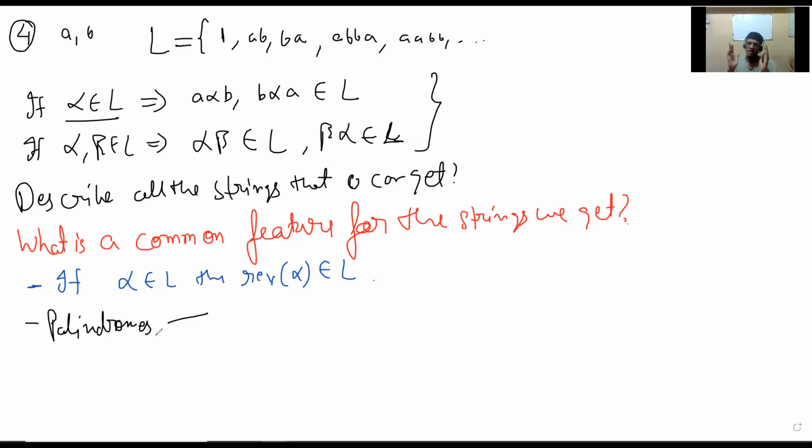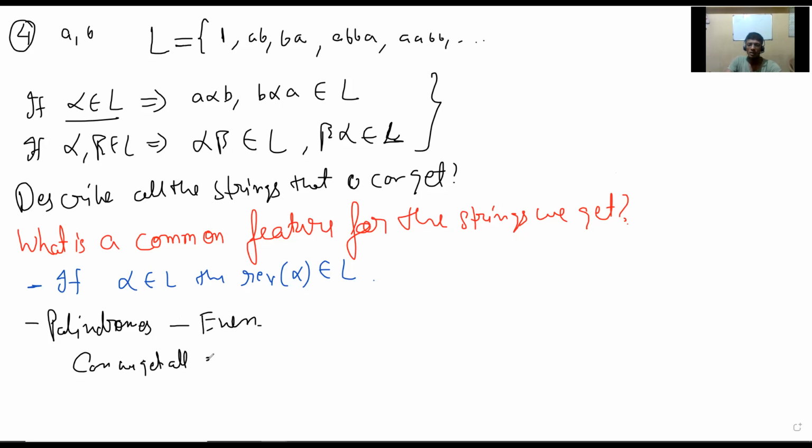Like 2002 is a palindrome. 2022 is not a palindrome. So you cannot get odd palindromes. Palindromes are even. Now the question is, can we get all even palindromes?